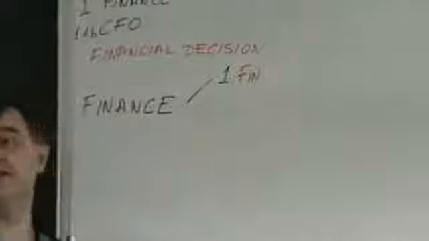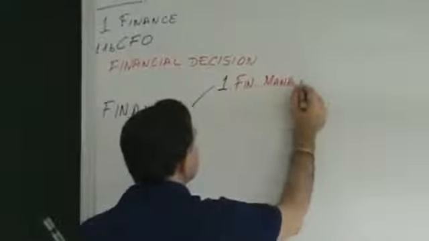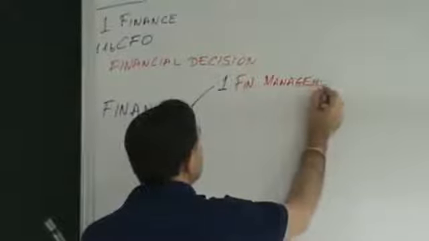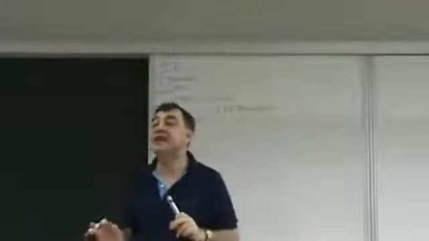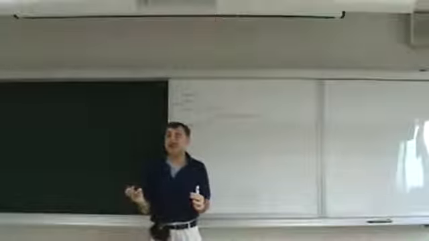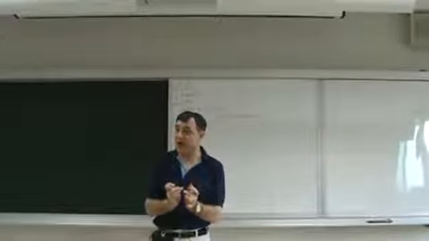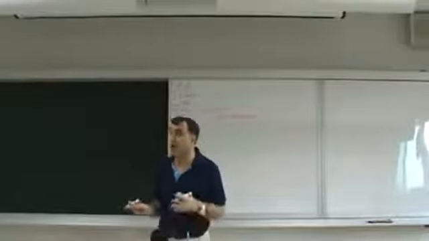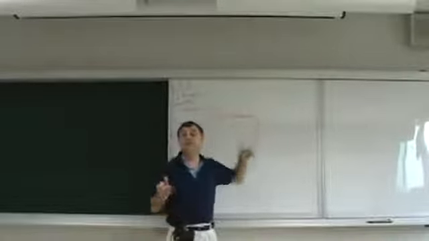I'll just shorten finance as financial management. Now, financial management is actually managing the finances of businesses. Sometimes the business can be small, sometimes the business can be large. Large businesses are usually referred to as corporations, and often financial management is known simply as corporate finance.